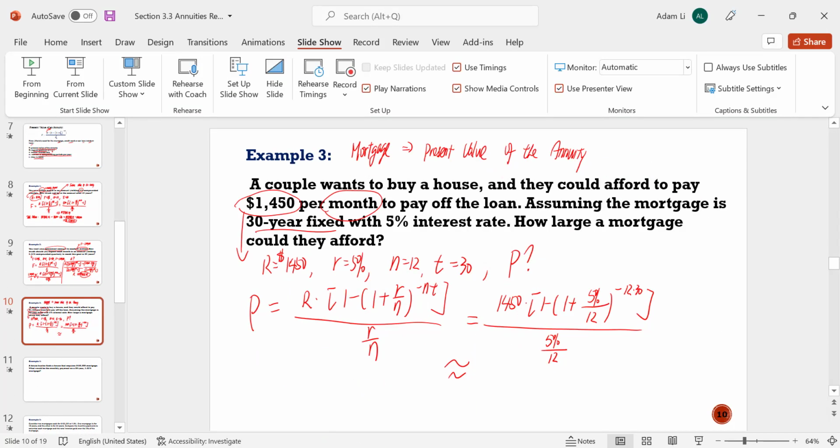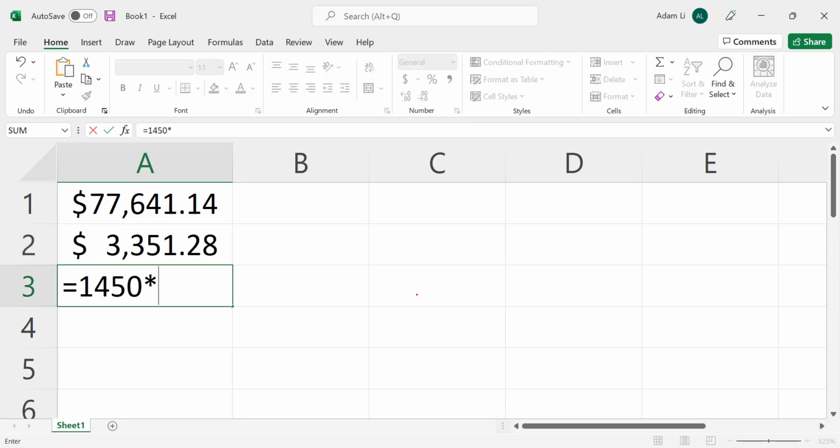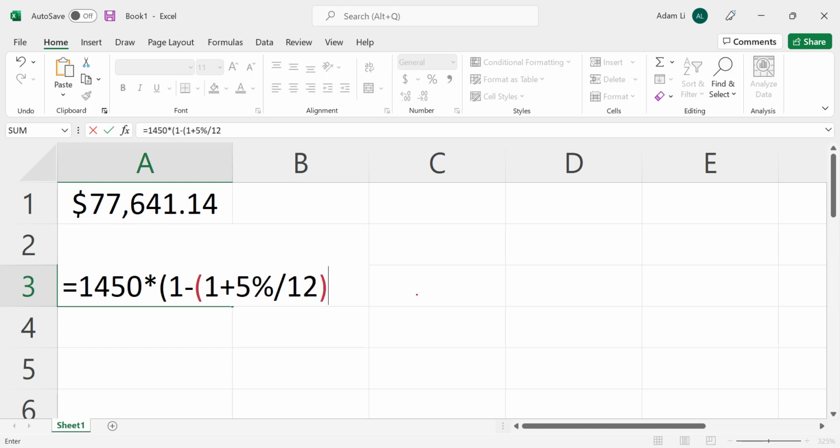Excel to get a result. So right here we got $1,450 times 1 minus 1 plus 5% over 12 raised to negative 12 times 30, 360 regular payments over the life of the mortgage, dividing by 5% over 12.